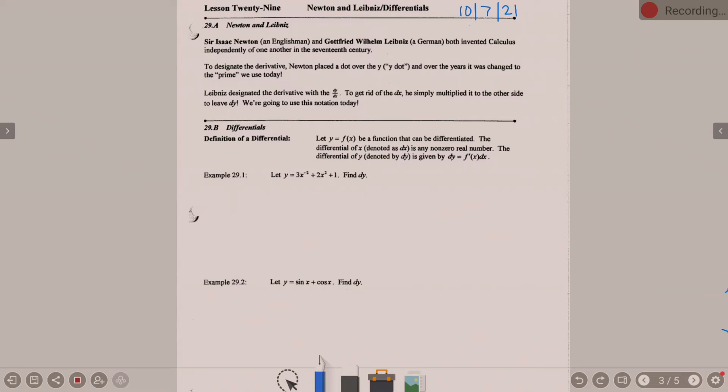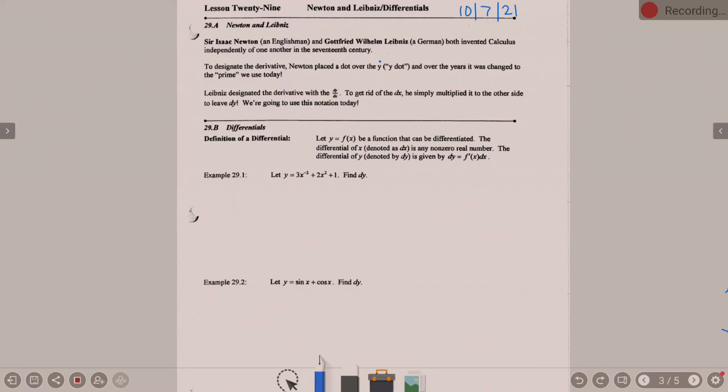To designate derivatives, Newton placed a dot over the y, called y dot. In Newton terms, you would have a dot over the y to indicate the derivative. However, we've been learning a lot about derivatives and haven't talked about y dot.